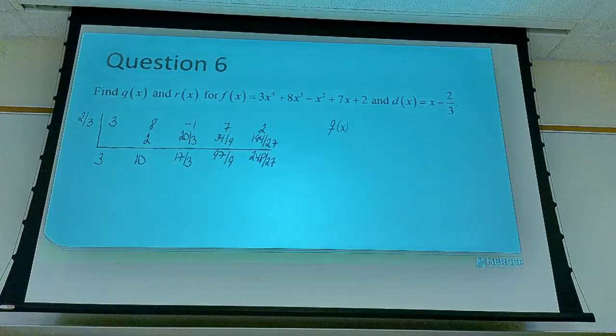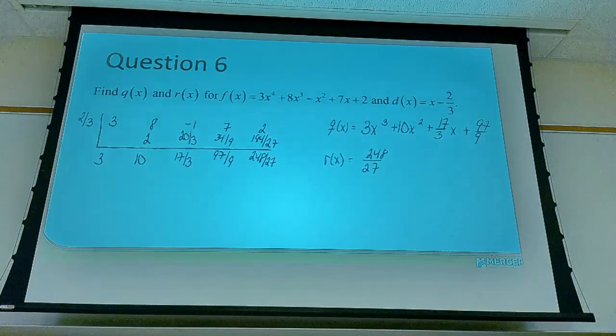What is the degree of our quotient? 3. Quotient 3x cubed plus 10x squared plus 17/3 x plus 97/9.